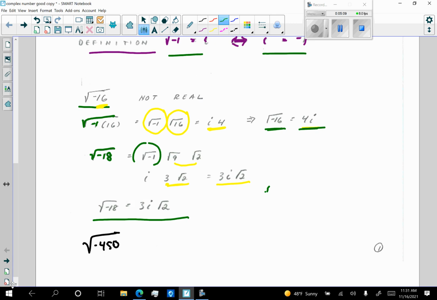Okay, so I have a square root of a negative number. First thing we do is write that as the square root of negative 1 times the square root of 450. And now I'm back in geometry class where I'm simplifying square roots, and I need to think about, does 450 have any factors that are perfect squares?